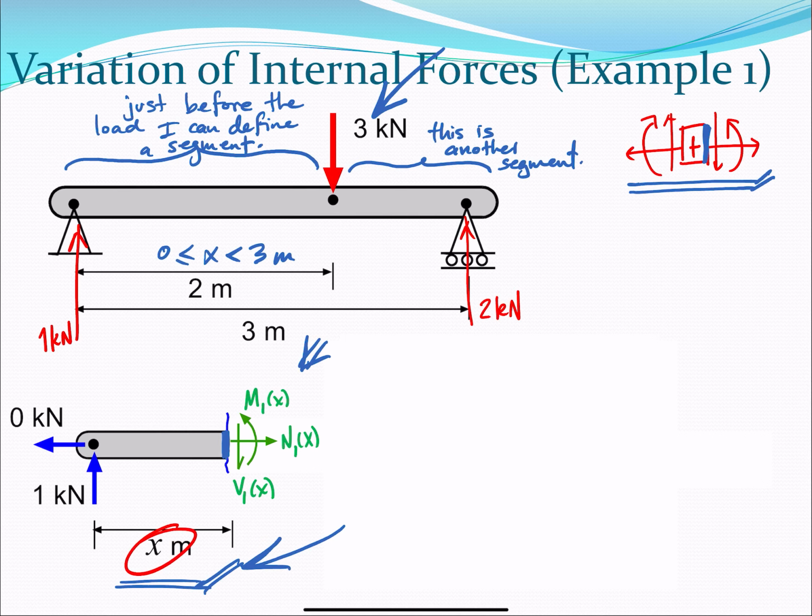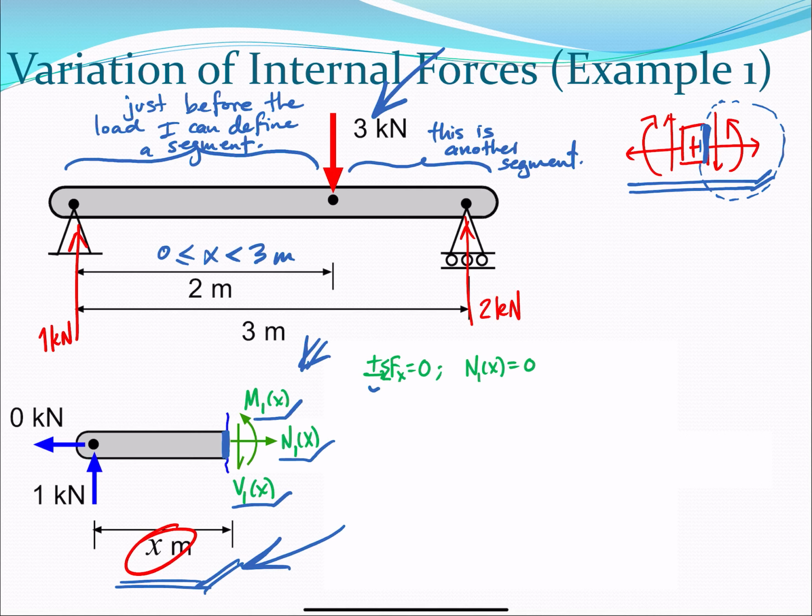So I have drawn my internal forces like this. I have a normal force N1(x), I have shear force V1(x), and I have moment M1(x) at the cut. So I'm going to apply my equilibrium equations.